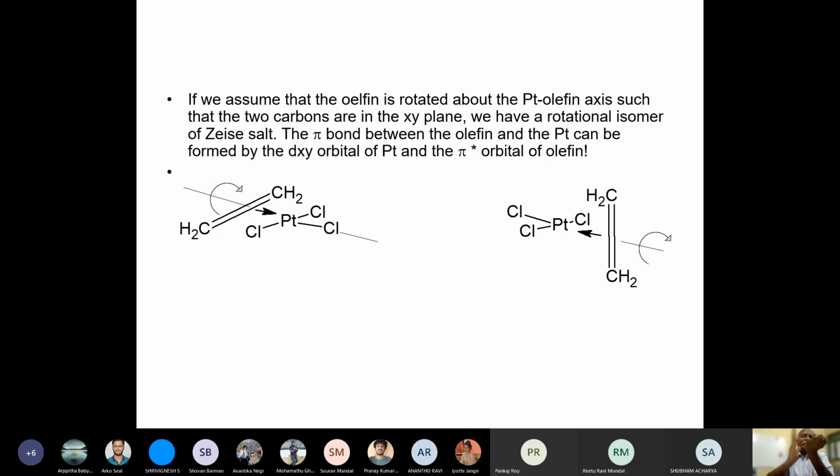The olefin plane, I have kept it perpendicular, and it is facing the metal, right, in order to have the pi sigma interaction. So now if I move it in a cis fashion, I can move the ligand in such a way that the two substituents can slightly move away from the metal.